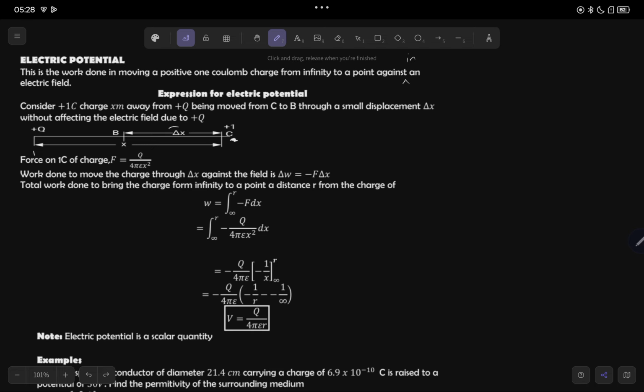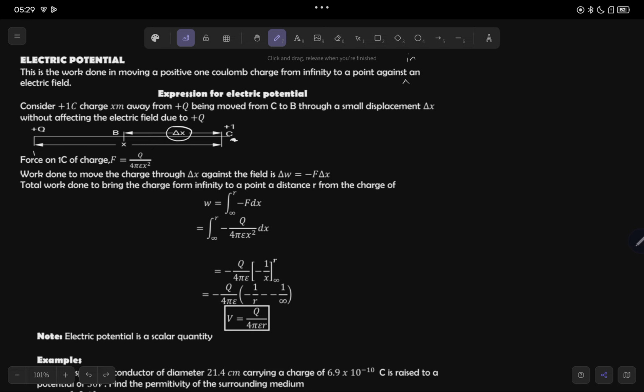This delta x is small, just magnified for clarity as we are trying to derive, without significantly affecting the electric field due to positive Q.